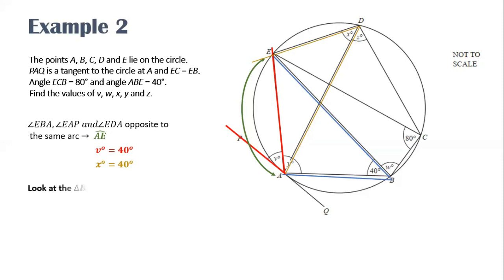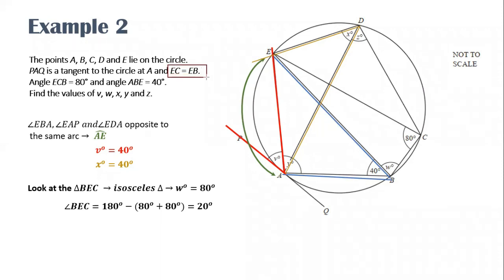Next, look at the triangle BEC. BEC is isosceles, right? How do you know that it is isosceles? We got the information from the question: EC equals EB. So, EC equals EB, isosceles.